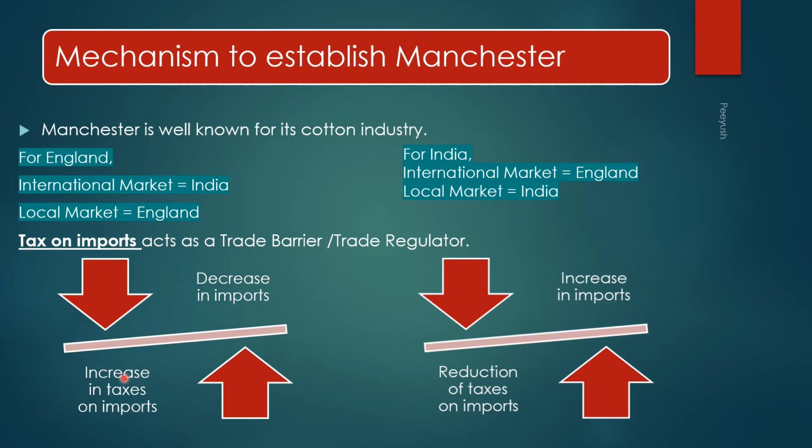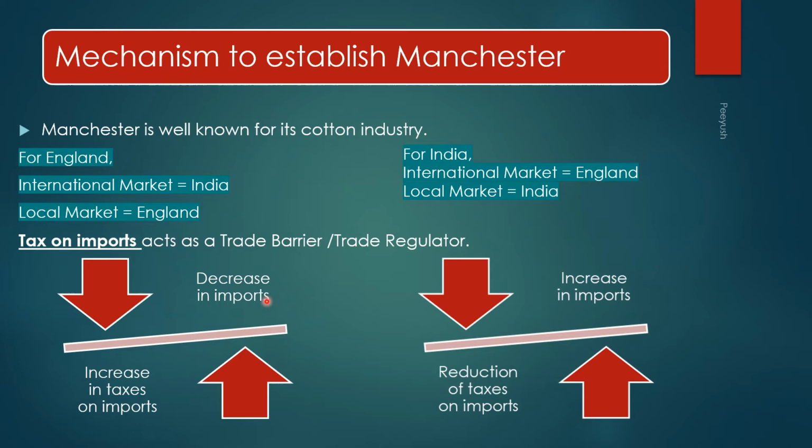Whenever there is an increase in taxes on imports, there would be a decrease in imports because the profitability would be reduced. If there are more taxes, when the product comes to the country, the prices would be extremely high. In this way, any product's entry or import could be controlled.